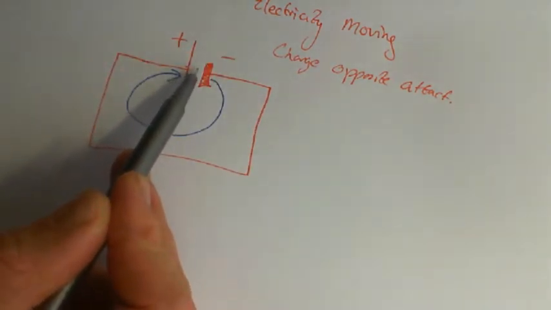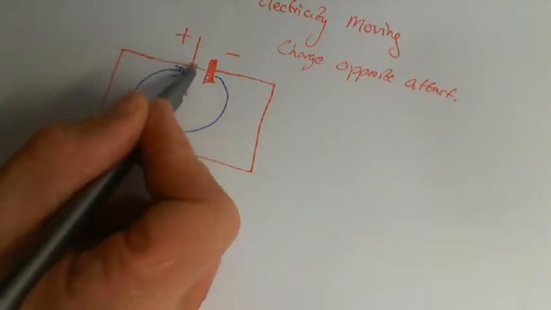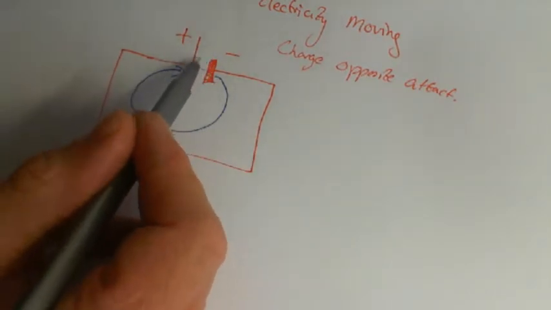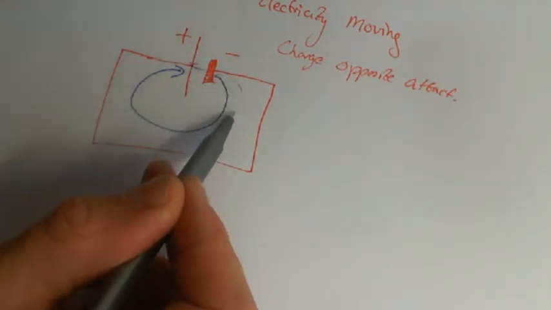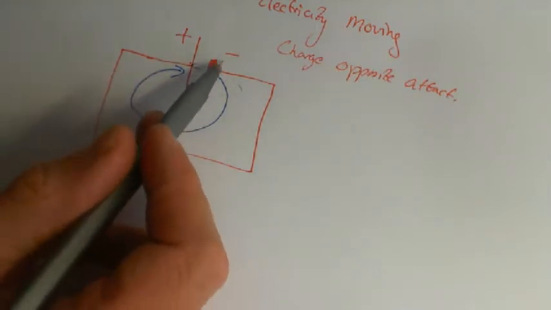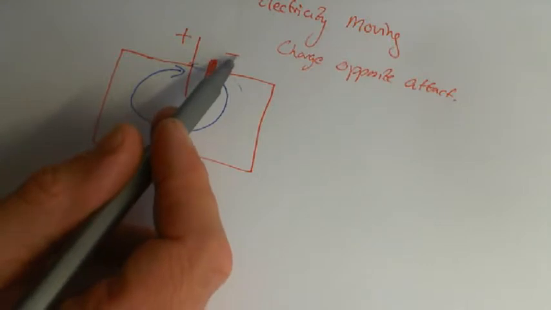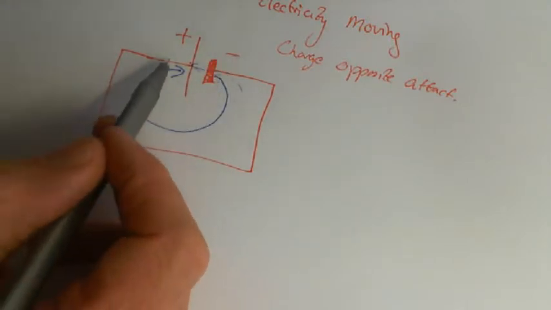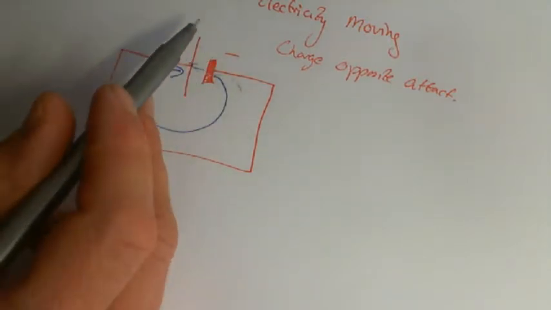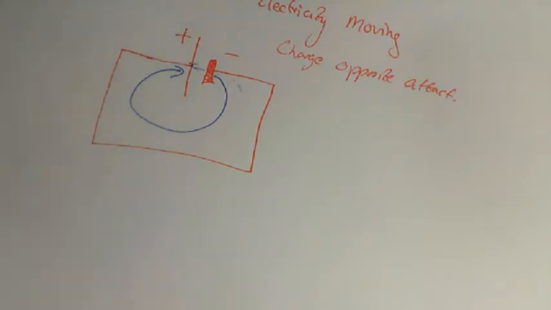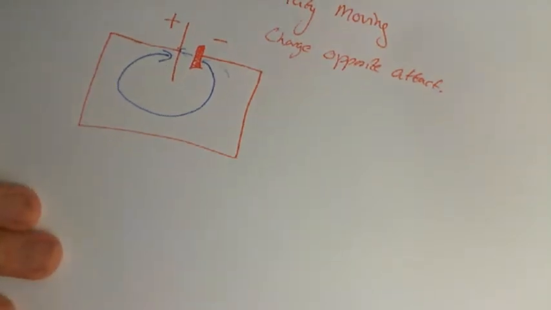Otherwise it would be short circuited and it would just go, okay, I'll actually take the easy route, I'll just go there. But you don't let it do that, because you leave a gap. So it's got to go all the way around the circuit to get here. It says, I hate being with other electrons, because if it's got the same charge it repels, but I love being near positive, so it goes all the way around the circuit to get to the positive. Okay, that's the first thing you need to know.